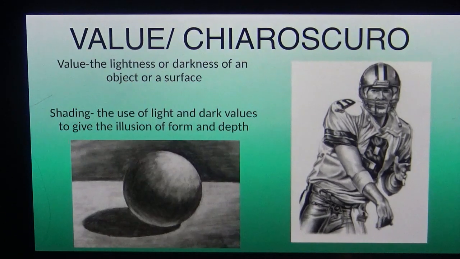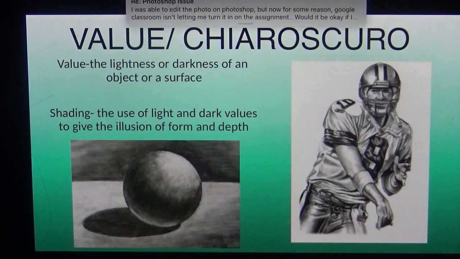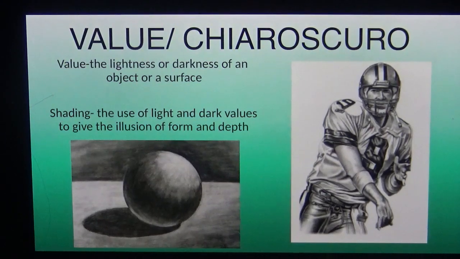So, second term, shading. The use of light and dark values to give the illusion of form and depth. So thinking back to those two apple pictures, adding the dark areas, the middle areas, and the light areas made the flat apple look more three-dimensional, right?